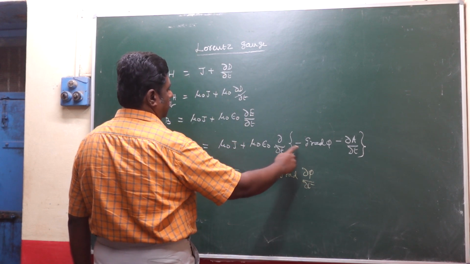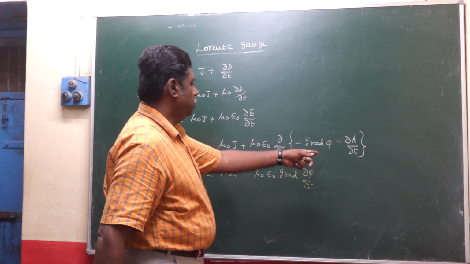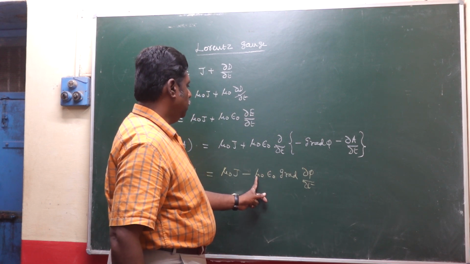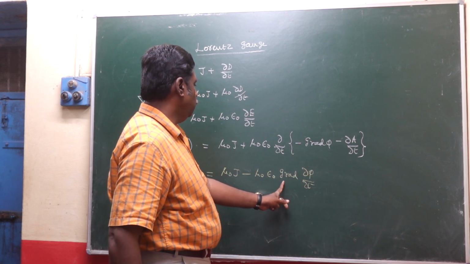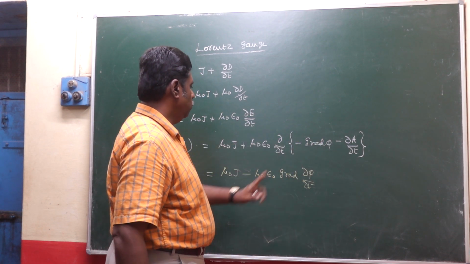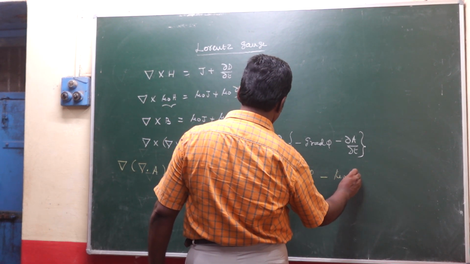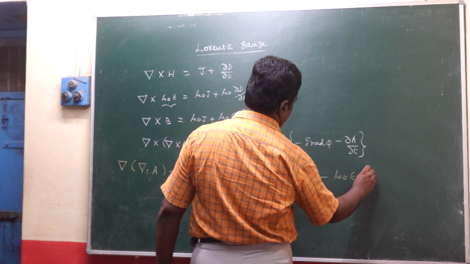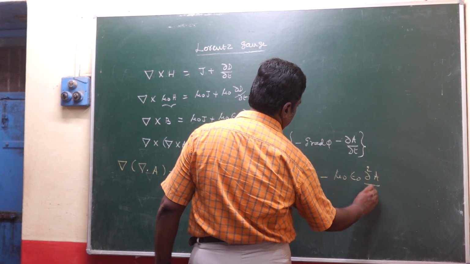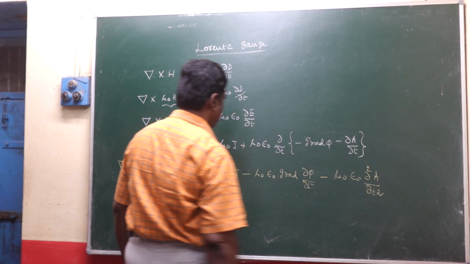I have operated this on the bracket, minus mu naught epsilon naught gradient of dou phi by dou t, then minus mu naught epsilon naught dou square A by dou t square.